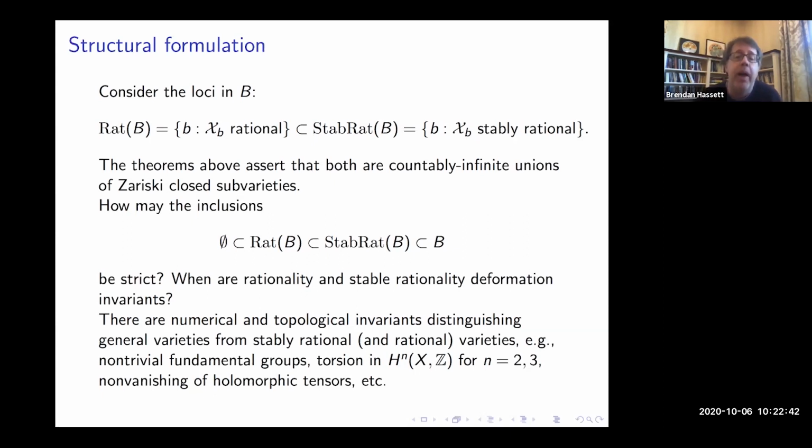There are a lot of topological properties that are in fact deformation invariant. They can be used to distinguish rational varieties from more general varieties. And so for most of the first, I don't know how many millennia this has been studied, those were really determinative in describing how these different loci interact with each other.